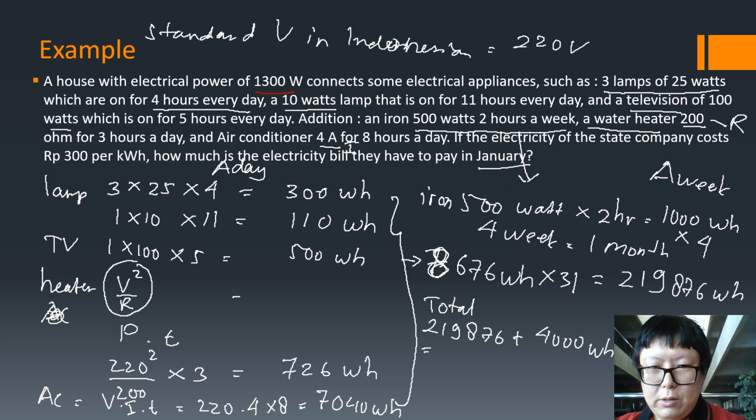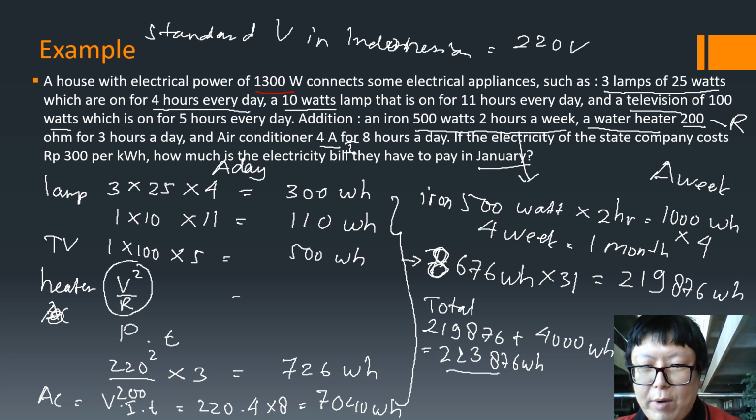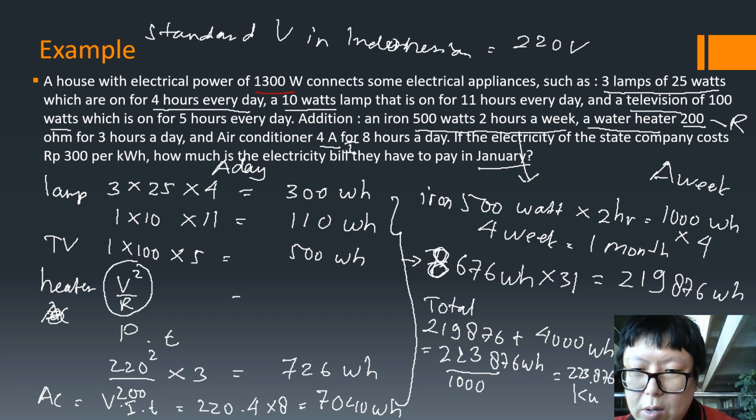You get 223,876 watt hour. Then change into kilowatt hour, divide by 1000, don't forget, change into kilowatt hour. We get 223.876 kilowatt hour.